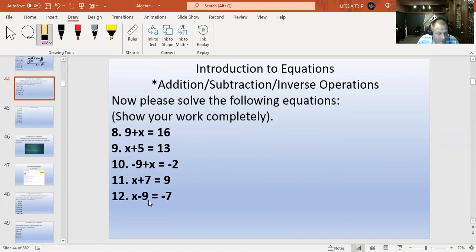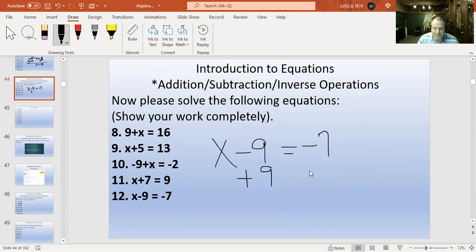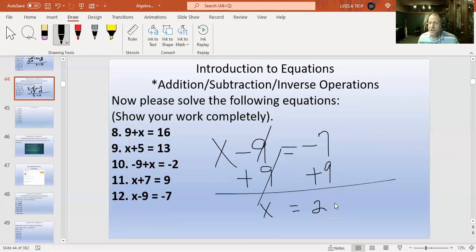Okay, so x minus 9. Okay, process of elimination through inverse operations. And inverse operations doesn't just have to be in addition and subtraction.